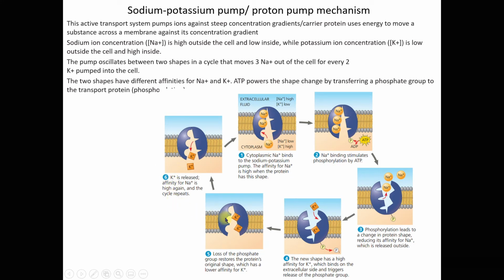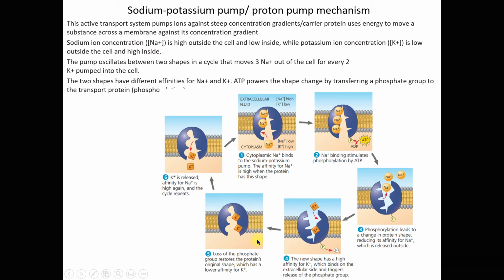So what happens? This sodium potassium pump usually will transport 3 sodium ions out from the nerve cell, and it will transport 2 potassium ions into the nerve cell.